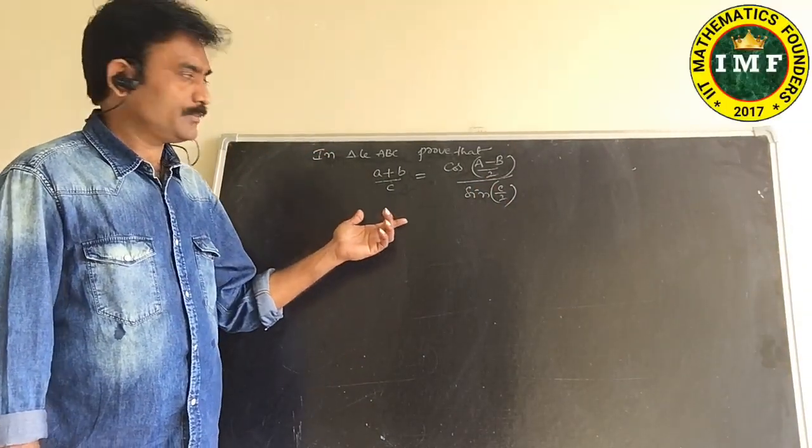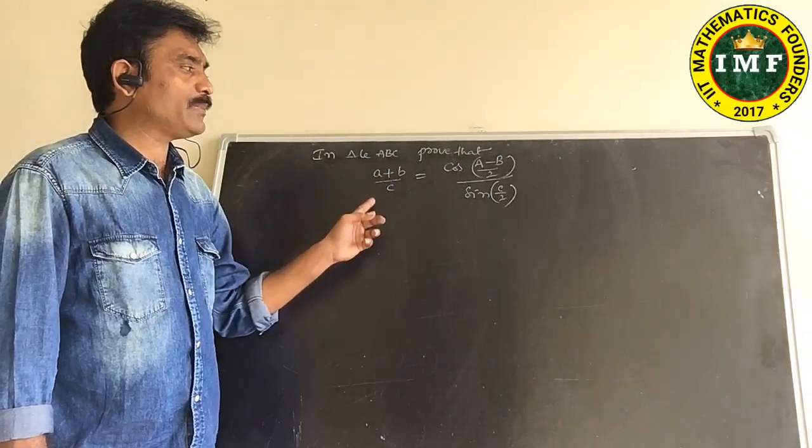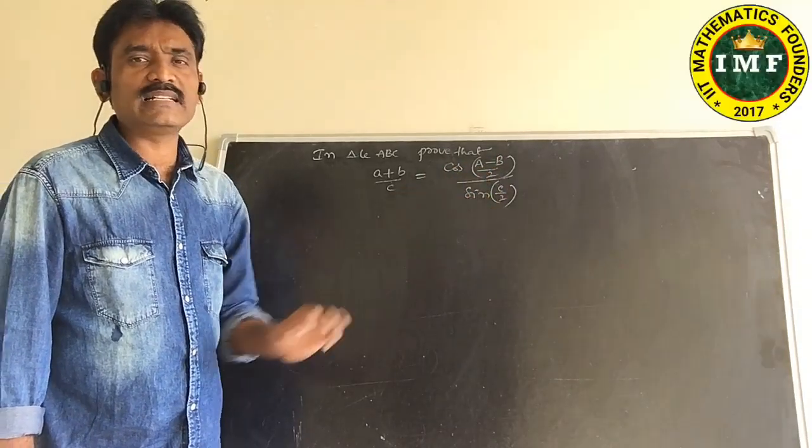So this is the sum. In any triangle ABC, prove that (a plus b) by c is equal to cos (a minus b) by 2 by sin c by 2.